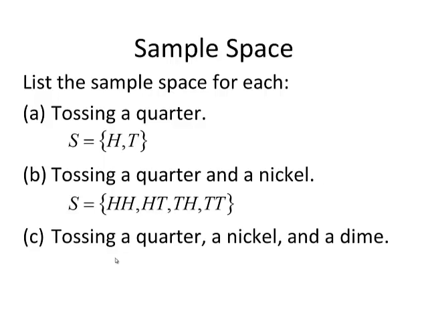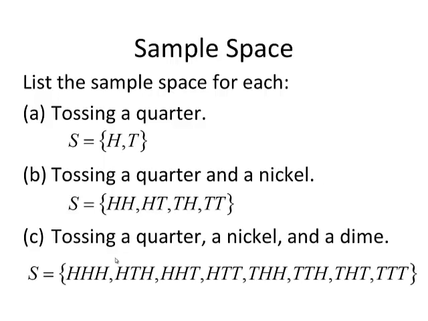Tossing a quarter, a nickel, and a dime. You have heads, heads, heads; heads, heads, tails; heads, tails, heads; heads, tails, tails; tails, heads, heads; tails, heads, tails; tails, tails, heads; and tails, tails, tails. And there are 1, 2, 3, 4, 5, 6, 7, 8 of them.